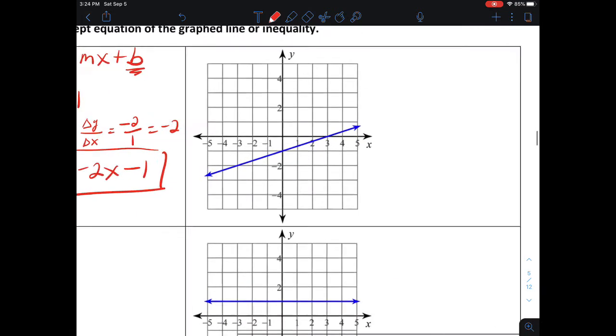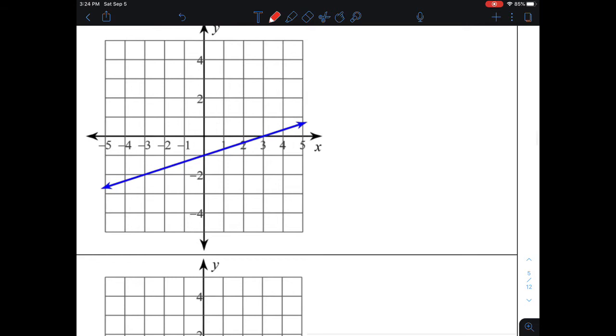Okay, next example here. Same thing, I want to write the equation of the line y equals mx plus b. And we have the graph, so let's start by figuring out what b is. b is the y-intercept. Well, this graph crosses the y-axis at -1, so b is -1. Now we want to find the slope. So I need to get a second point that is on that line, and I'm looking for a place where it crosses perfectly in the corner of the box, and I see somewhere right here at 3.